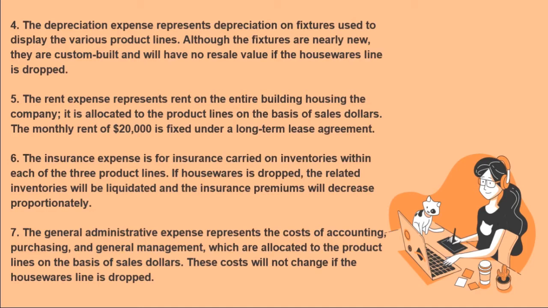If housewares is dropped, the related inventories will be liquidated and the insurance premiums will decrease proportionately. And 7. The general administrative expense represents the cost of accounting, purchasing, and general management, which are allocated to the product lines on the basis of sales dollars. This cost will not change if the housewares line is dropped.